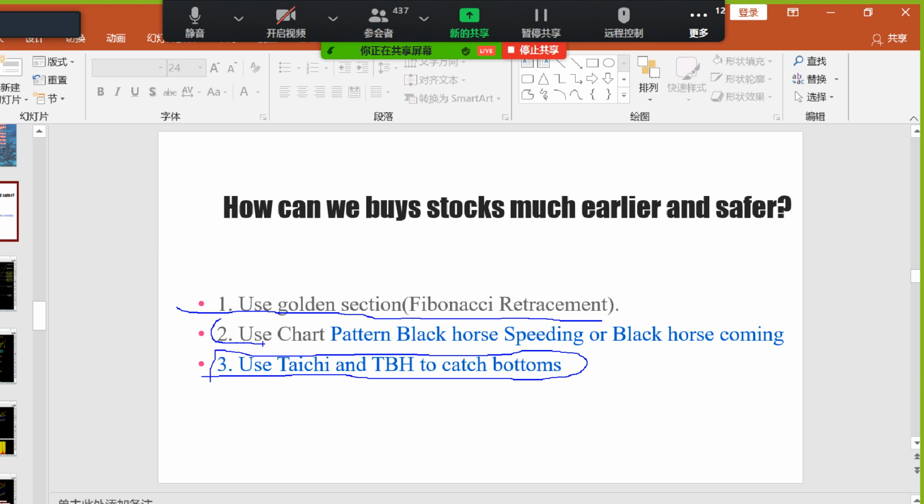So we always know that if you want to buy better, buy earlier, at a lower price, the best way is to buy after a medium term retracement for the market, not a short term one. So every time you know this pattern, but sometimes you prefer to combine it with the Fibonacci and the bottom alert.